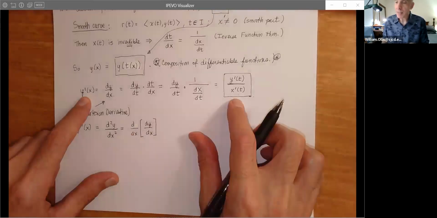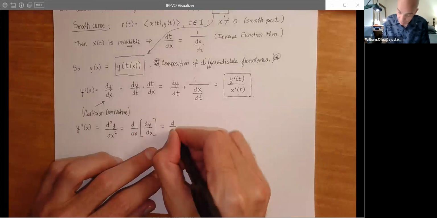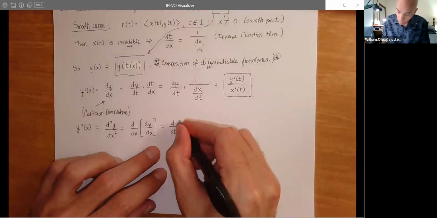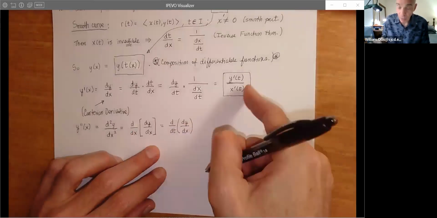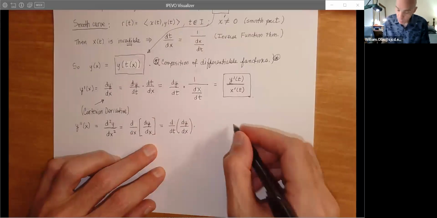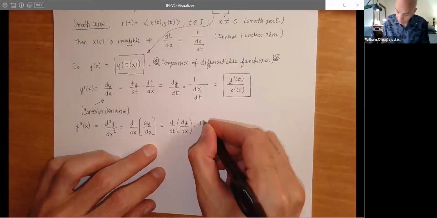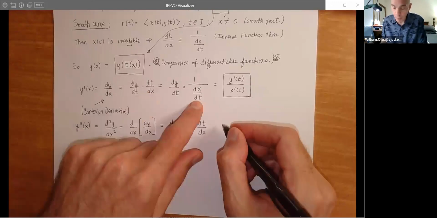And so we can apply the same chain rule again. So this will just be the derivative with respect to t of dy dx, which is that right there, times the derivative of t with respect to x. But we know that this is just 1 over the derivative of x.